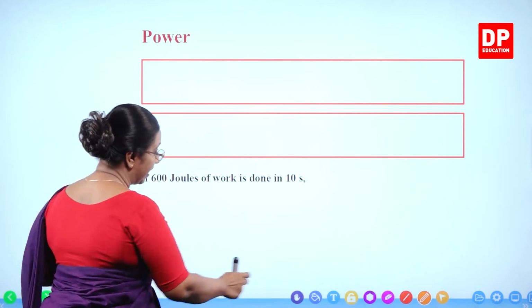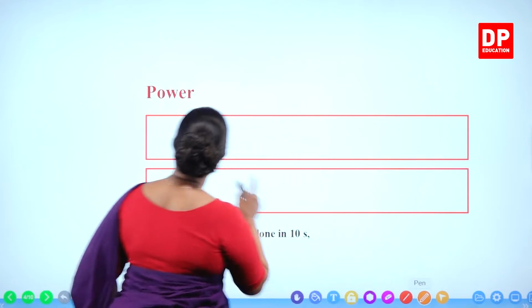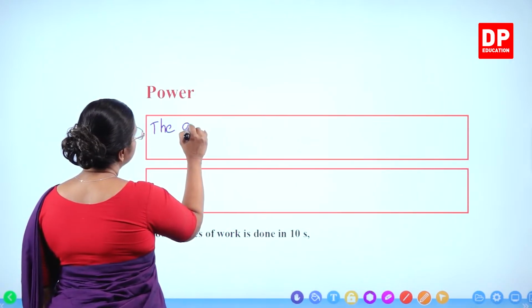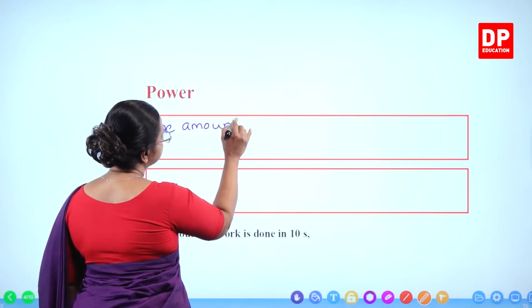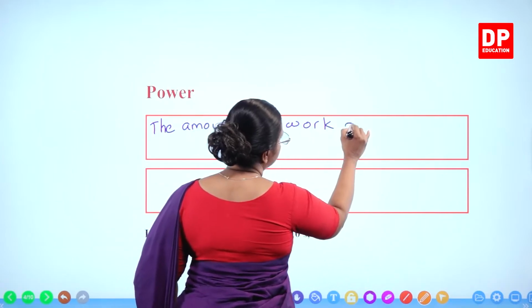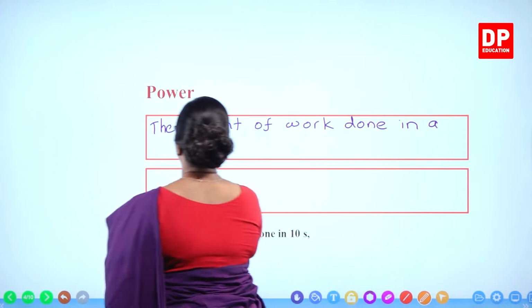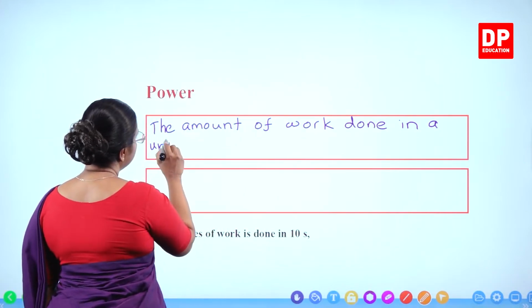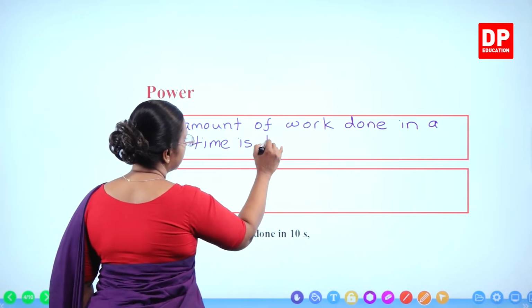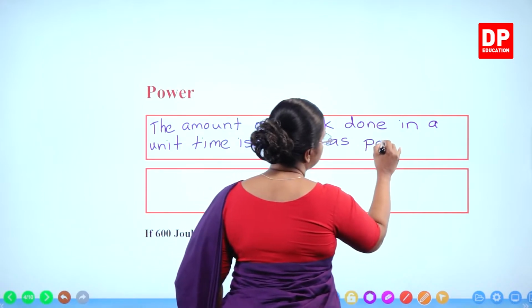So if we define power first, power, the amount of work done in a unit time is known as power.